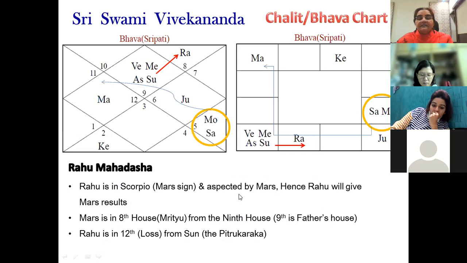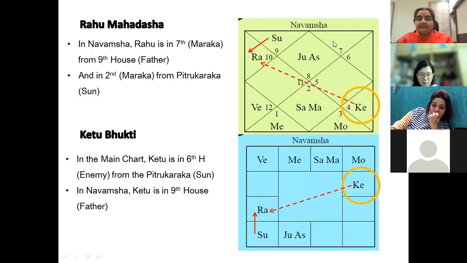In the Navamsa chart from here, it is in the 9th house from Lagna, and can give results related to the 9th house. That is the father's. Okay. In the main chart, it says Ketu is in the 6th house, that is the enemy from the Pitrakarak.